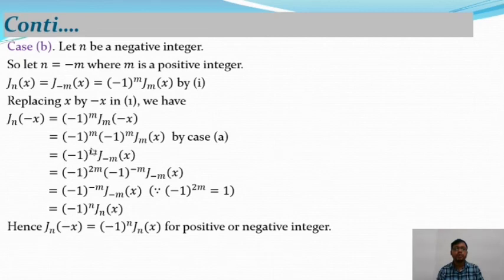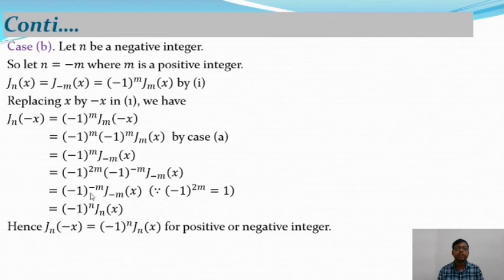So minus 1 whole to the power n can be written as a product of minus 1 whole to the power 2m into minus 1 whole to the power minus m into J of minus m of x. And minus 1 whole to the power 2m is equal to 1, since 2m is a positive even number, and minus 1 whole to the power an even number is plus 1.